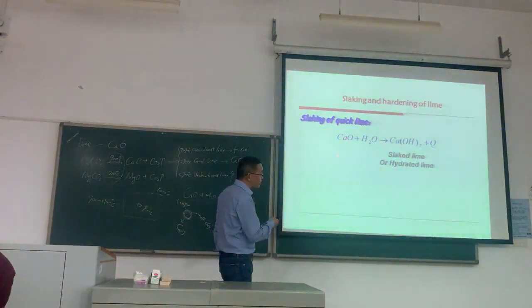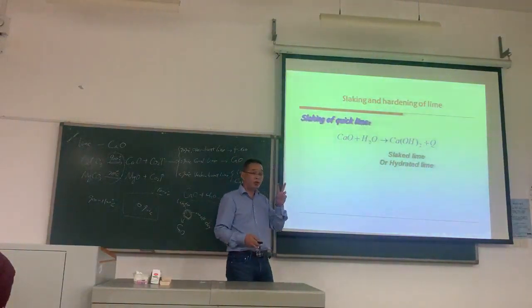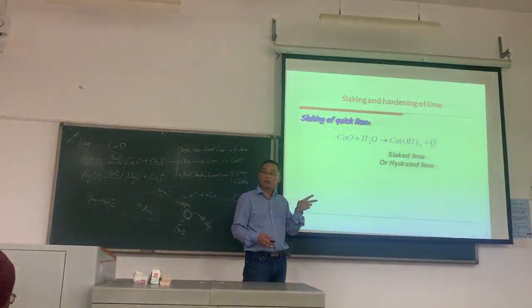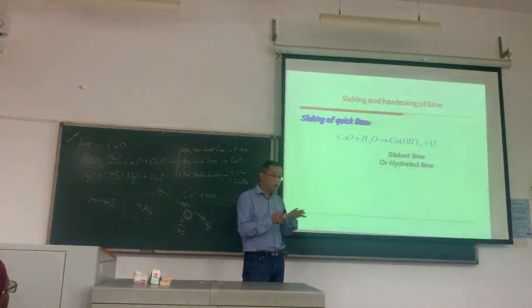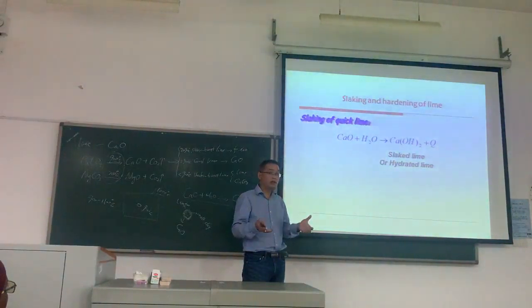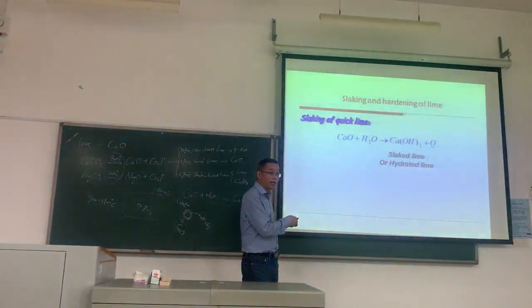And during this reaction, there are two physical phenomena we can find. What kind of phenomena can we find during this reaction? The first thing is heating. A lot of heat will be released during this reaction.